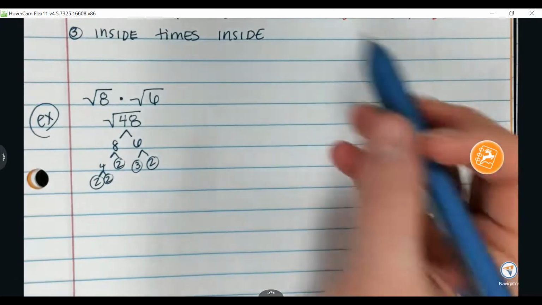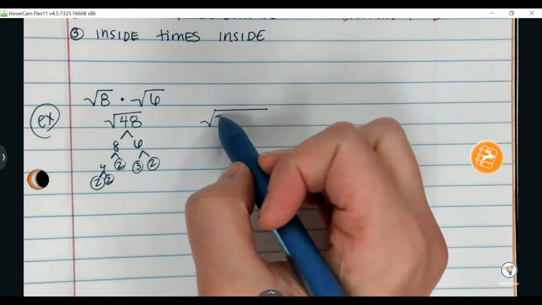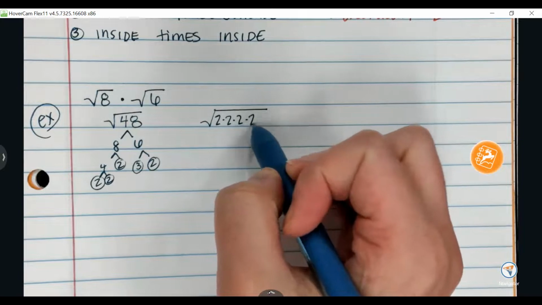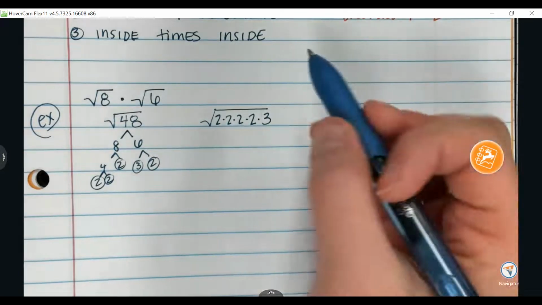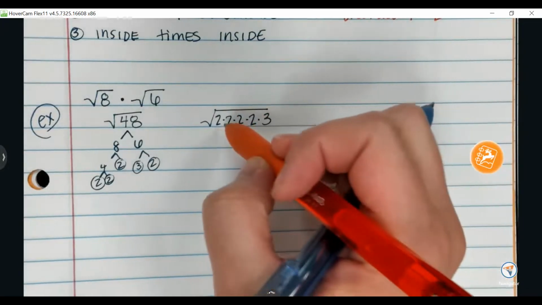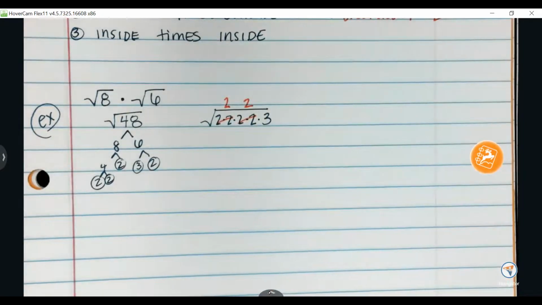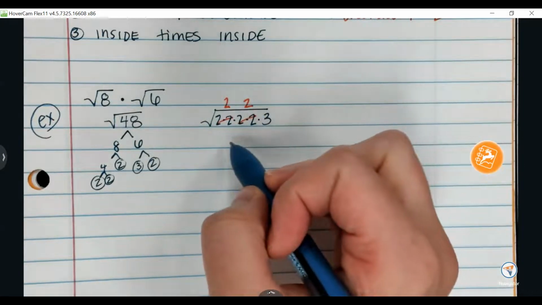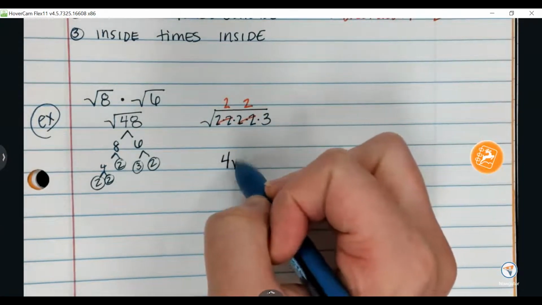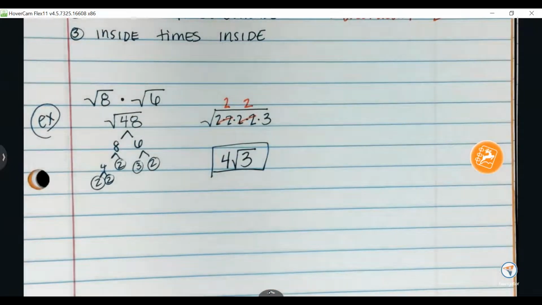When I write my nice long square root, I have 4 2s and a 3. What am I looking for? Groups of 2. So I can take out a 2, take out a 2. What do I do to numbers outside? Multiply. So 2 times 2 is 4. And what's left inside? 3. So there is my answer.